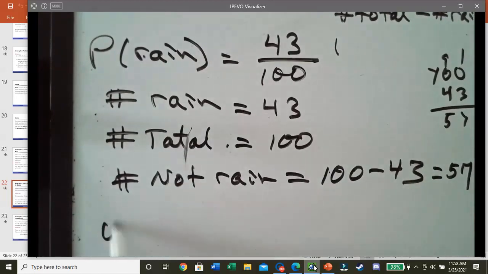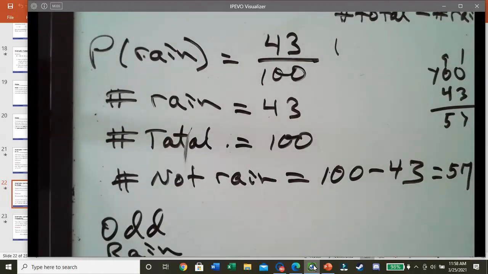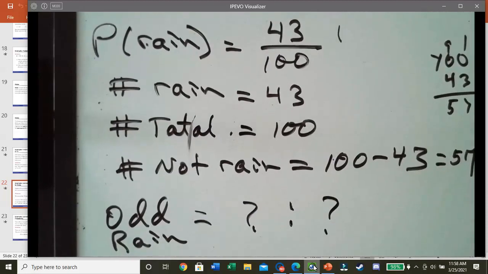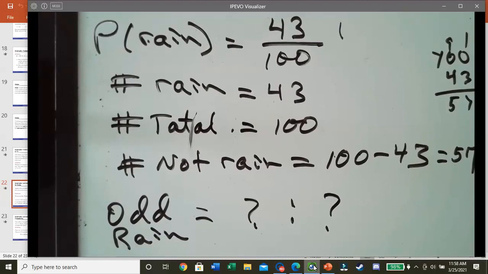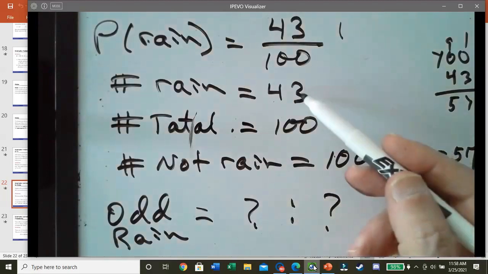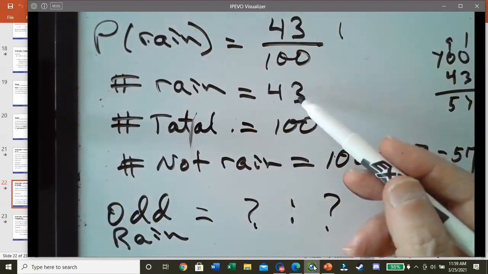So the odds that we would get rain: the probability is 43%, or 0.43. The odds are going to be what? To what? Odds in favor of it raining. Yeah, 43, right?